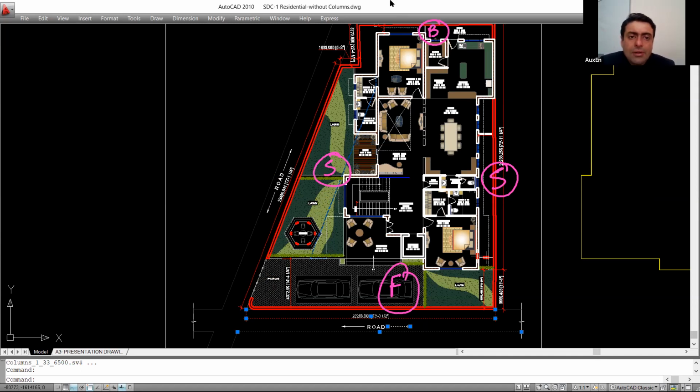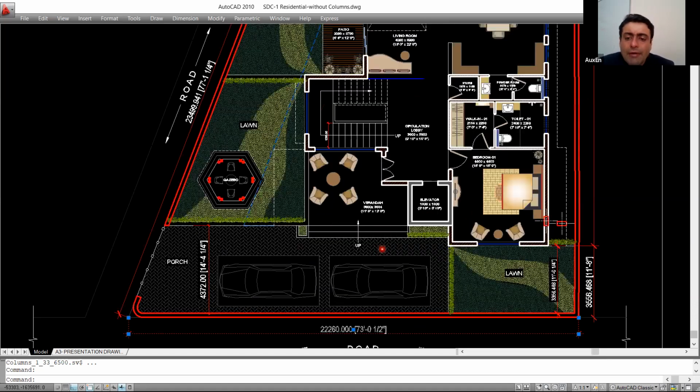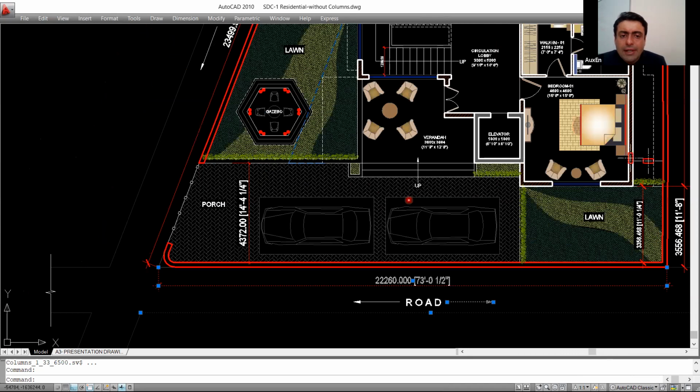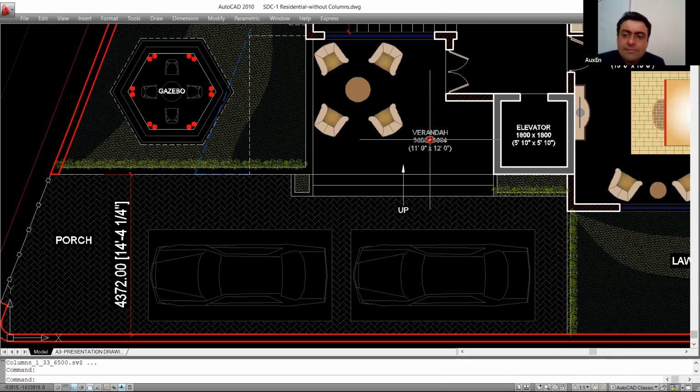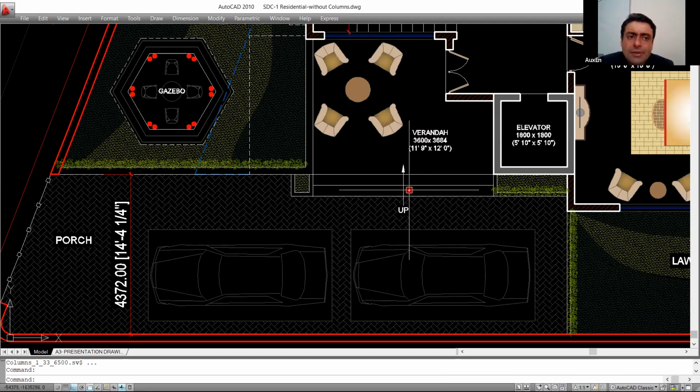Good. Let us go deeper and try to understand more about this plan. So you have your porch. This is the porch. Then you enter into this veranda. What do these two lines that you see over here suggest? I am using my spotlight function.